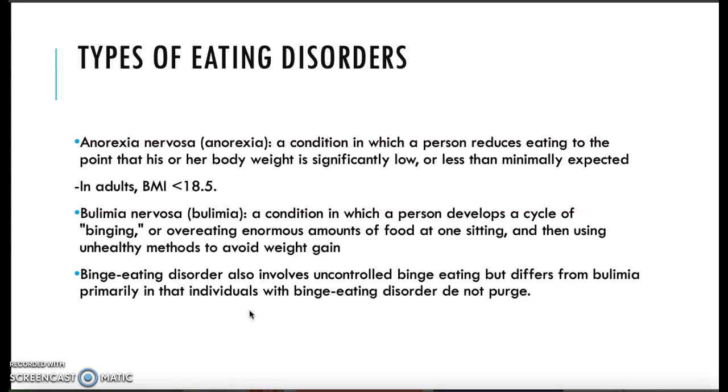Bulimia nervosa, or bulimia, is a condition in which a person develops a cycle of binging, or overeating enormous amounts of food at one sitting, and then using unhealthy methods to avoid weight gain, such as purging or vomiting. Binge eating disorder also involves uncontrolled binge eating, but differs from bulimia primarily in that individuals with binge eating disorder do not purge.